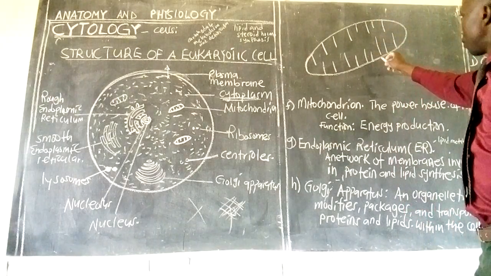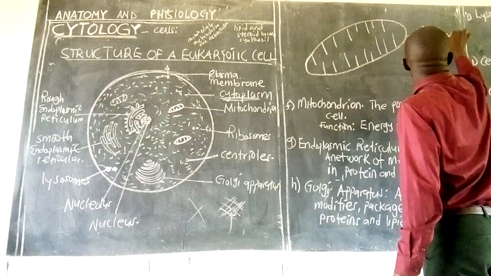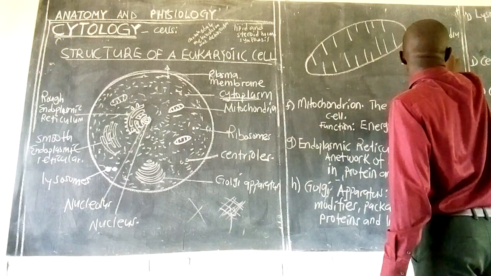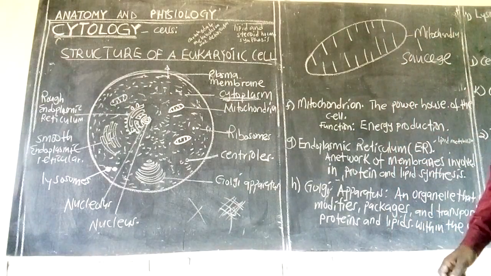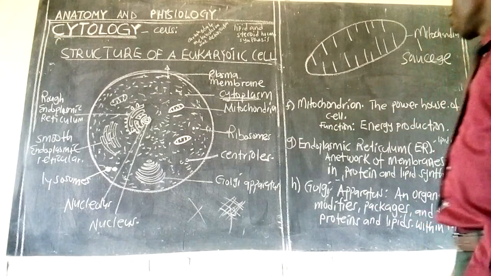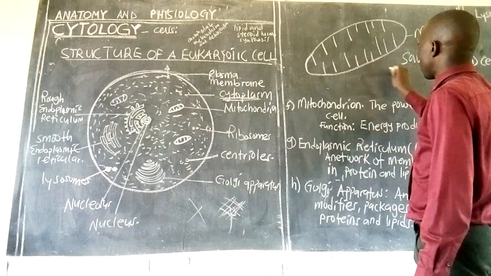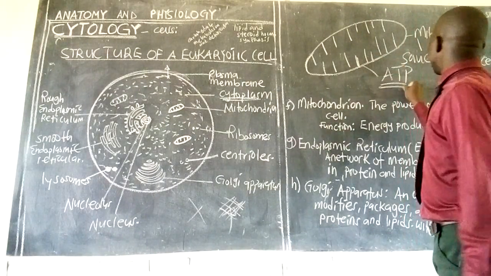In shape, the mitochondria looks like a sausage. For those of us who know how sausages look like, or enjoy them, it is in the form of a sausage. So its role is to produce energy in the form of ATP.